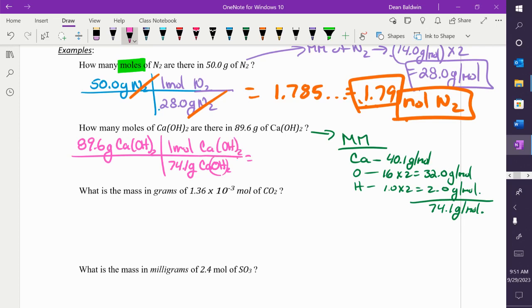So you divide them and what do we get? 1.209, which rounds to, the 9 will kick it up, so 1.21 moles of calcium hydroxide.